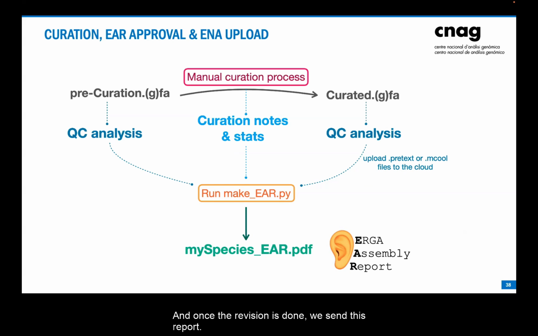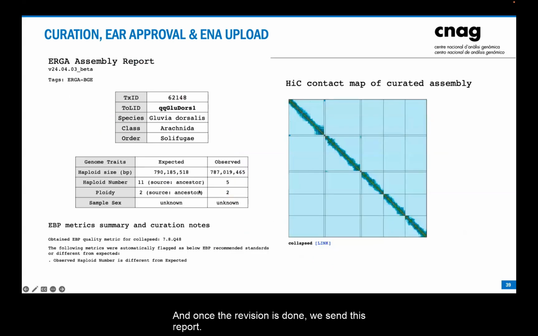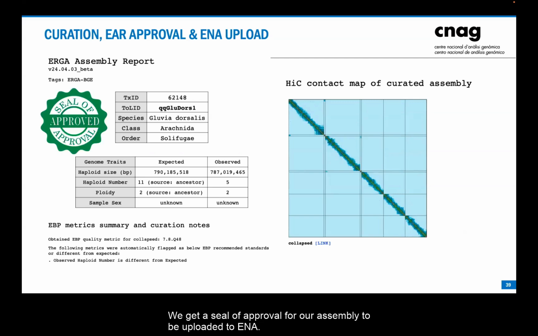And once the revision is done, we send this report, they evaluate the contact map, and we send the metrics. If these metrics are above the EBP standard, we get a seal of approval for our assembly to be uploaded to ENA.